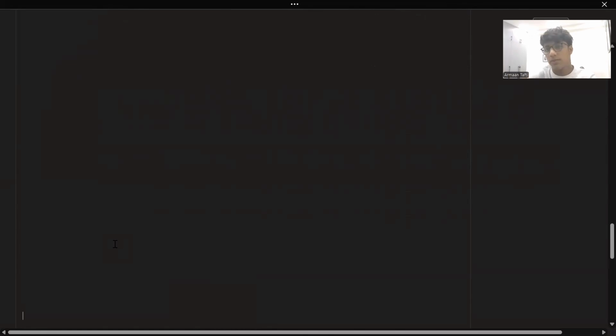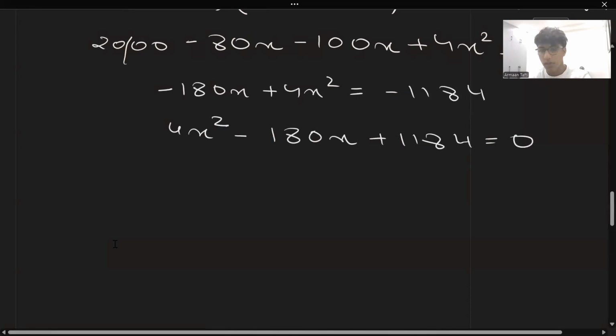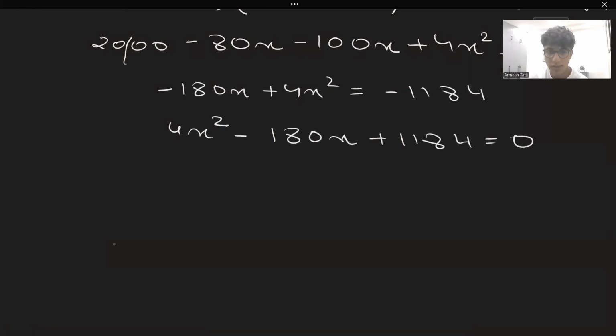It's always better if you can see a common factor, to simplify it and factorize out the common part. Over here, everything is divisible by 4, so just divide each term by 4. So you get x square minus 45x plus 296 is equal to 0.